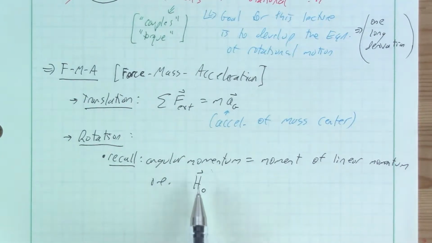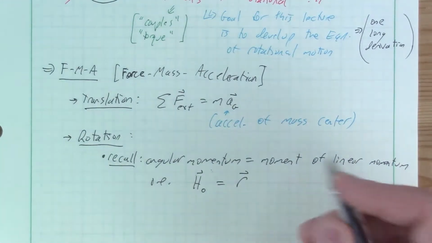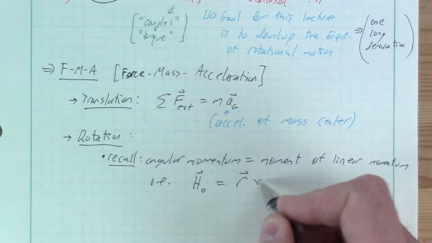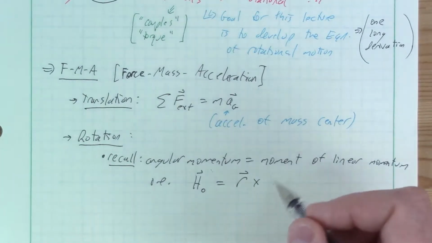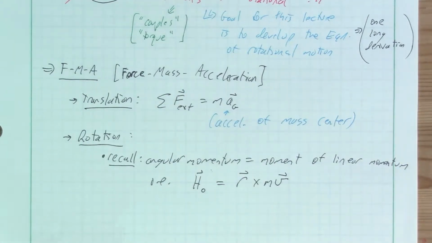The angular momentum about O is the position vector from point O to the location of interest, crossed into the linear momentum.